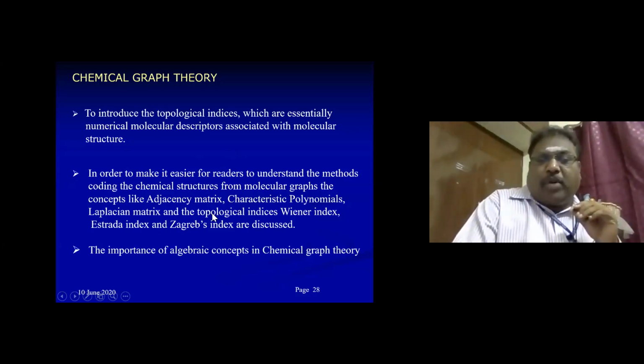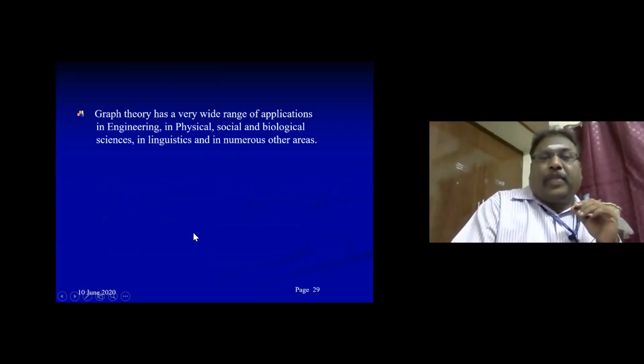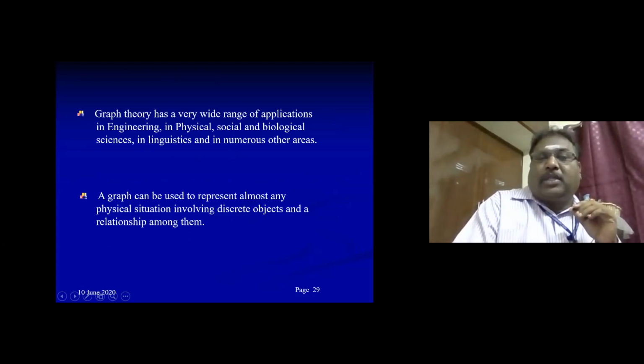The importance of algebraic concepts in chemical graph theory is highlighted today to motivate all the researchers in this area. As we know, it has wide application in engineering, physical and biological sciences, and so on. A graph can be used to represent almost any physical situation involving discrete objects with the help of the relation between them.